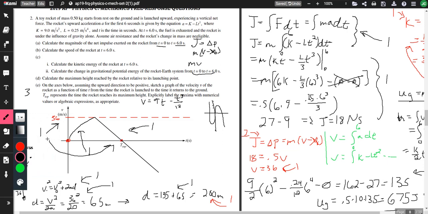So this was question 2. For the most part, not super difficult. Like I said, there were pretty much only 2 parts that required integration. But again, you'd at least be able to get partial credit.